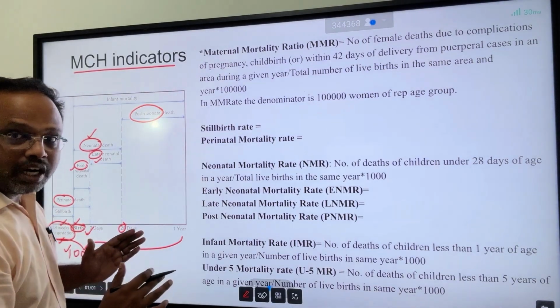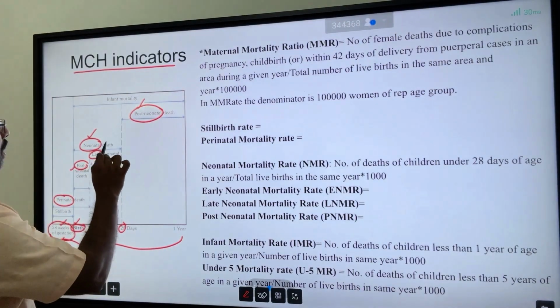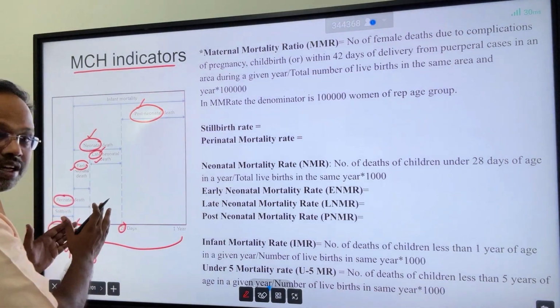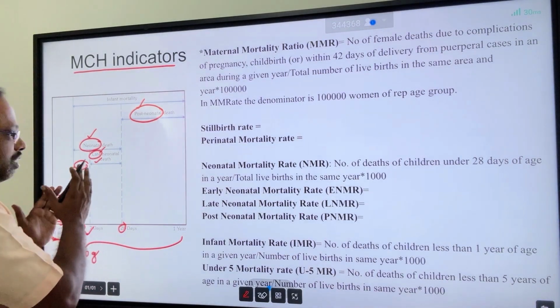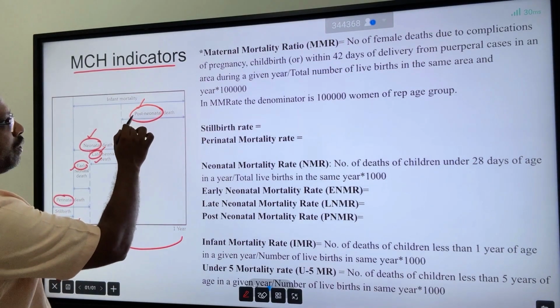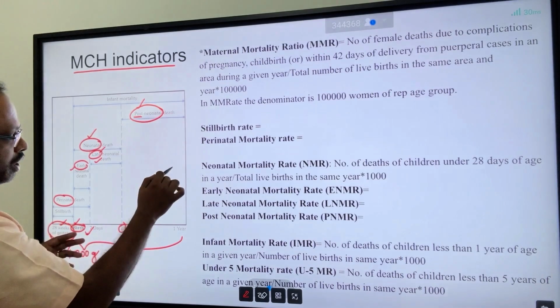Remember, you should not confuse post-neonatal death with late neonatal death. Late means during the neonatal period, but in the later part; it is divided into early and late parts. But post-neonatal means it is after the neonatal period.